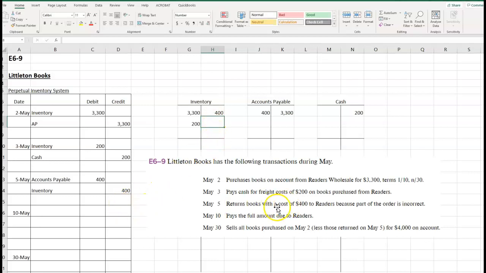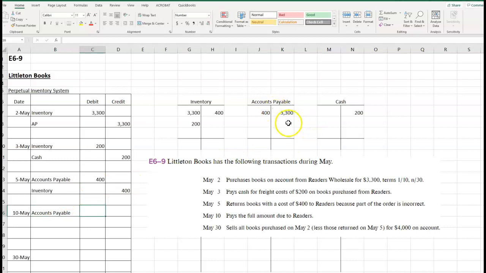And then we're going to pay the full amount due Readers. Now remember, our terms were 1/10 net 30, 1% if paid within 10 days. So we're paying it on the 10th day, so it's paid within 10 days. We're going to debit accounts payable to reduce what we owe them.